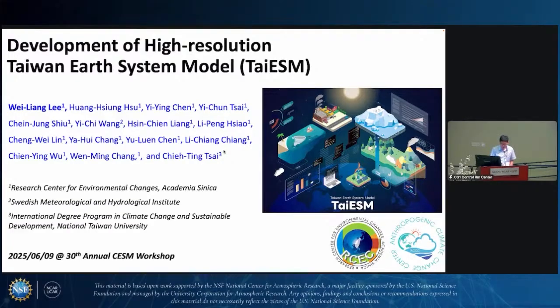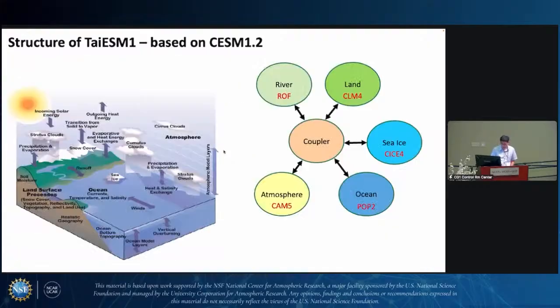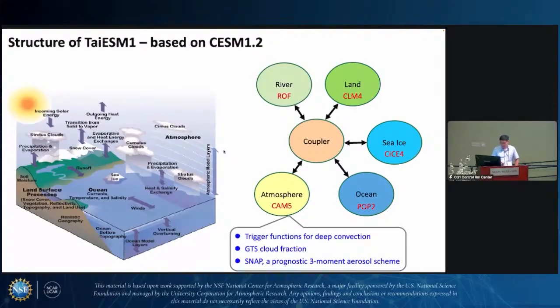This is the list of our team. So our model is based on CESM 1.2 with only some modifications because we have very limited manpower. In the atmosphere part, we add a trigger function for deep convection. Basically, this is borrowed from the NOAA Global Forecast System.